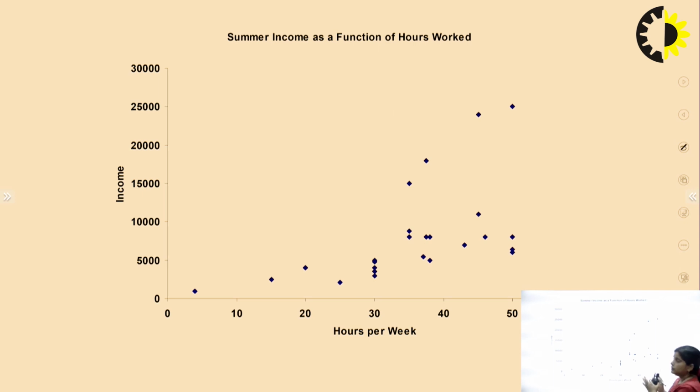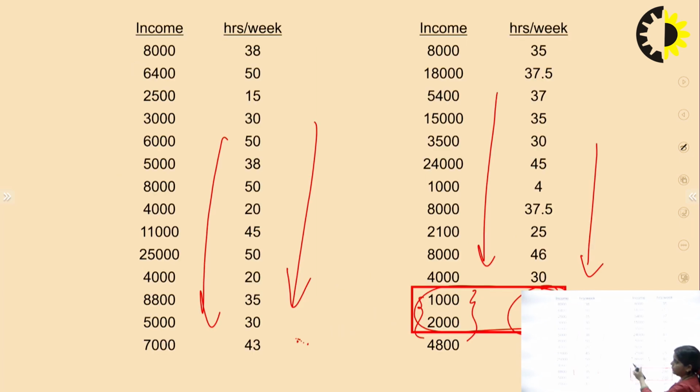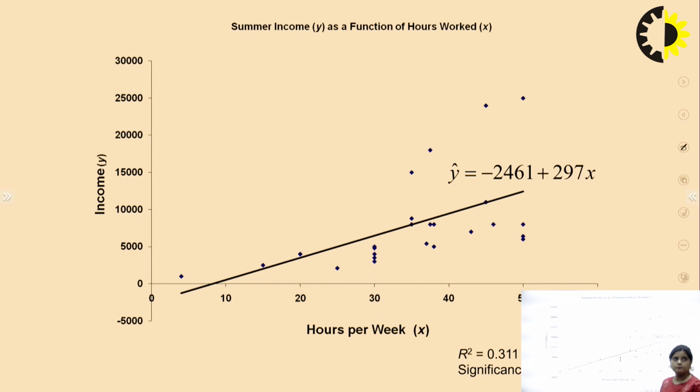Now the income as a function of hours worked is represented in the form of a graph. It is a graphical visualization or graphical representation of that particular data set which is given here. After that, we find the equation y cap is equal to b naught plus b1 x, and based on that equation, we are going to draw a straight line.